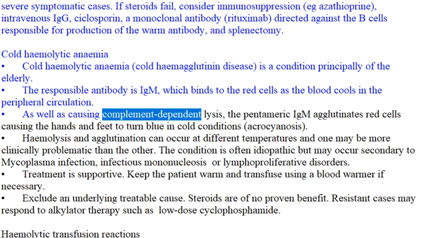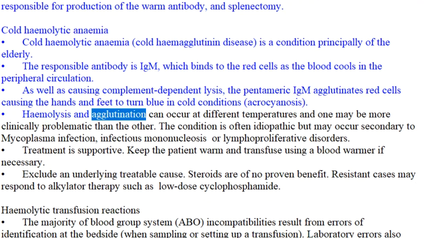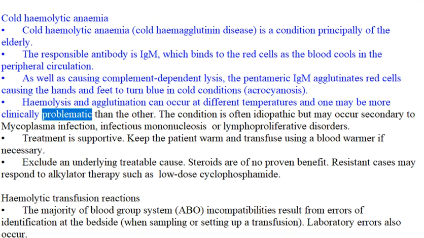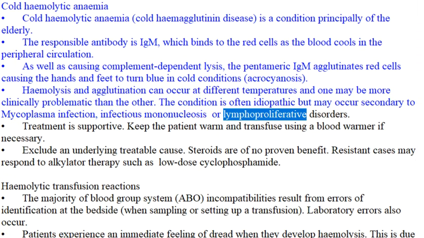As well as causing complement-dependent lysis, the pentameric IgM agglutinates red cells causing the hands and feet to turn blue in cold conditions, acrocyanosis. Hemolysis and agglutination can occur at different temperatures and one may be more clinically problematic than the other. The condition is often idiopathic but may occur secondary to mycoplasma infection, infectious mononucleosis, or lymphoproliferative disorders.